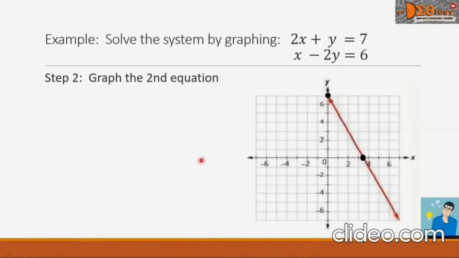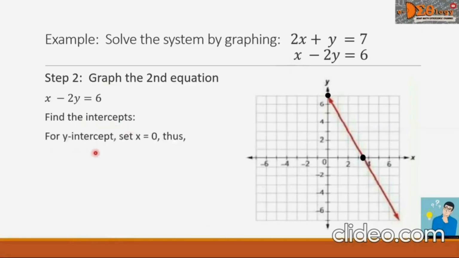Now let's go to step 2, and that is to graph the second equation. Let us copy the second equation here, and then let us find the intercepts. For the y-intercept, we set x equals 0. Thus, the equation x minus 2y equals 6 now becomes 0 minus 2y equals 6. We can ignore the 0 here, so we have negative 2y equals 6.